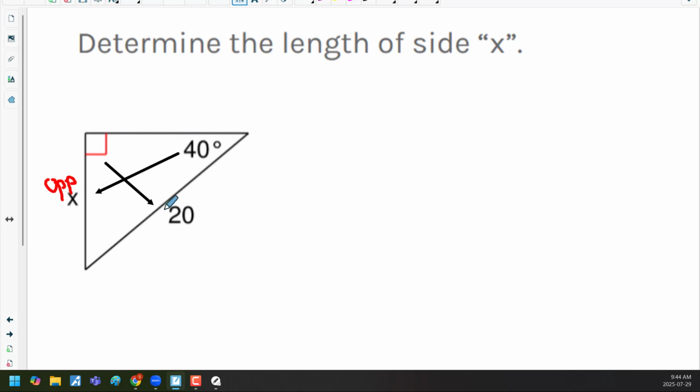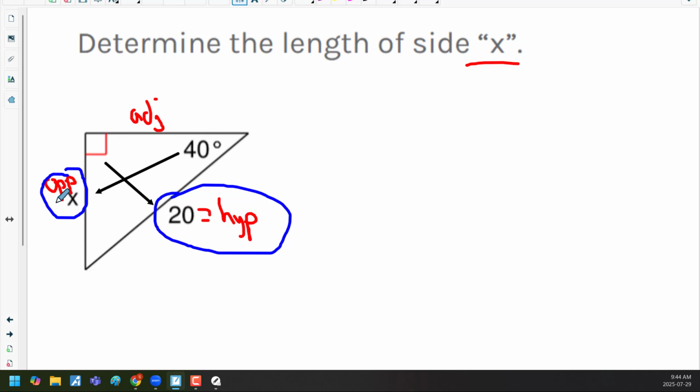That's opposite. Then you do the opposite of the 90 degrees. So that's obviously hypotenuse. This is adjacent. We have to find x. How to figure out x? Well, we know that for this triangle, we are looking for opposite and we're given the hypotenuse. So adjacent has nothing to do with our formula.